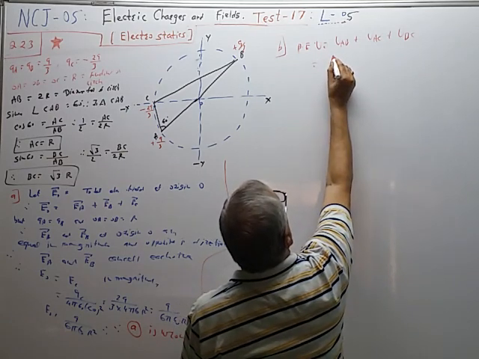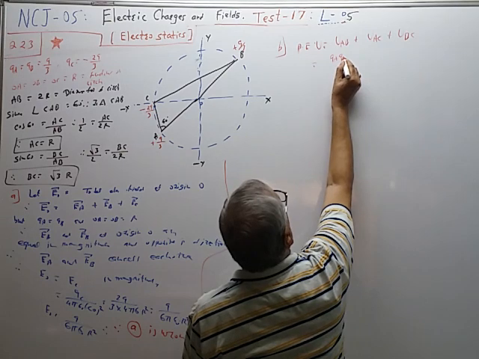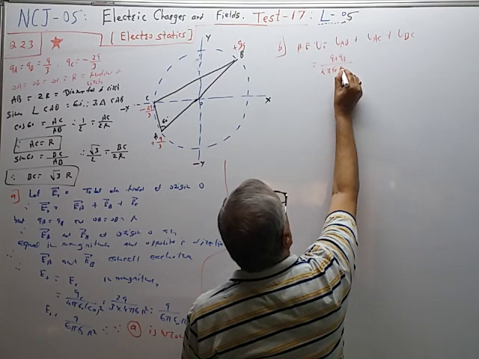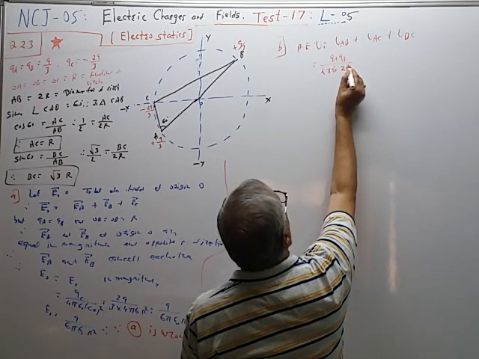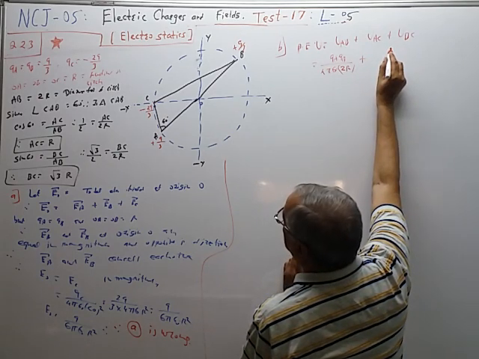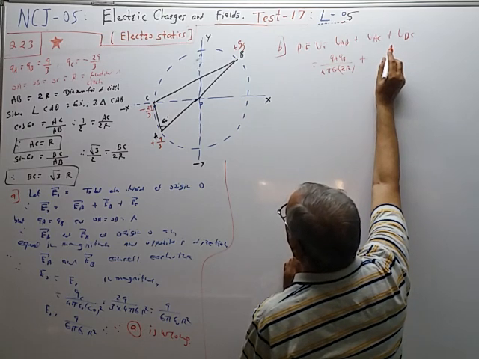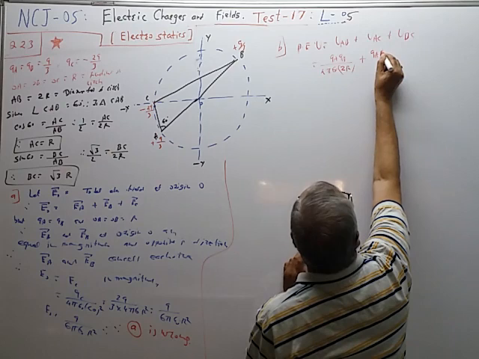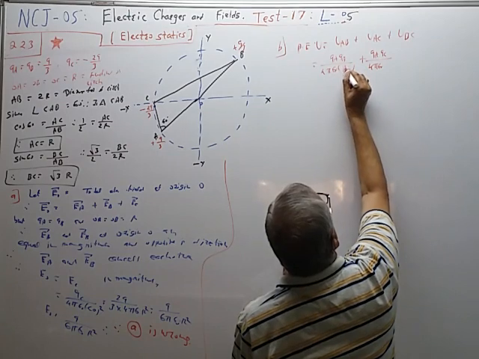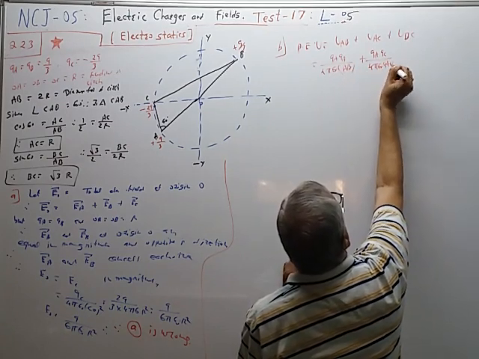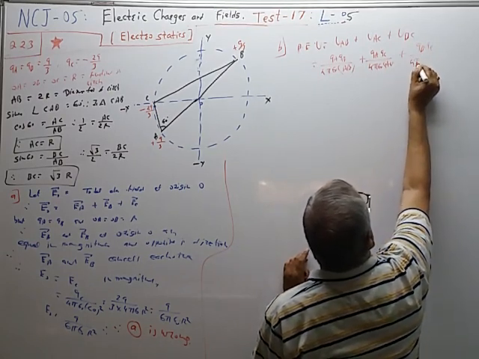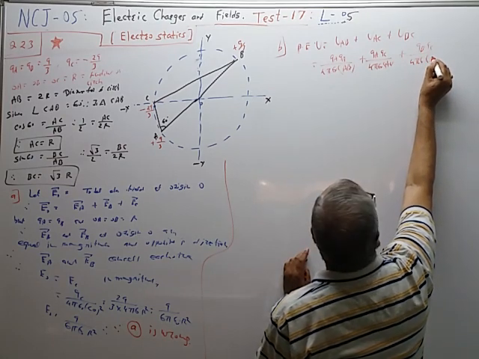So this is equal to QAQB upon 4 pi epsilon naught AB, AB is equal to 2 times R, plus QAQC upon 4 pi epsilon naught AC, plus QBQC upon 4 pi epsilon naught BC.